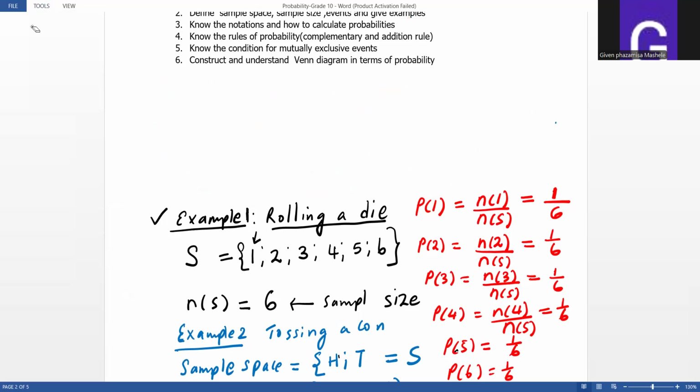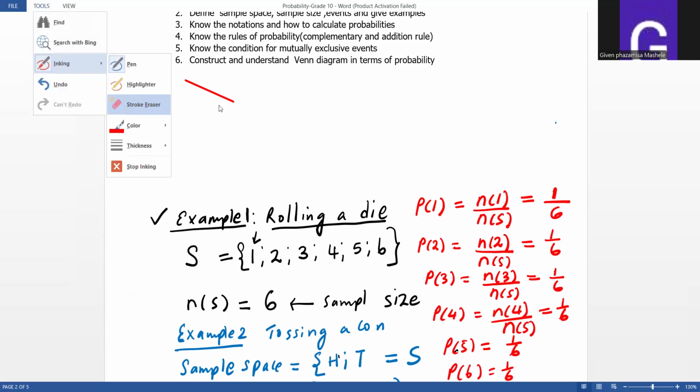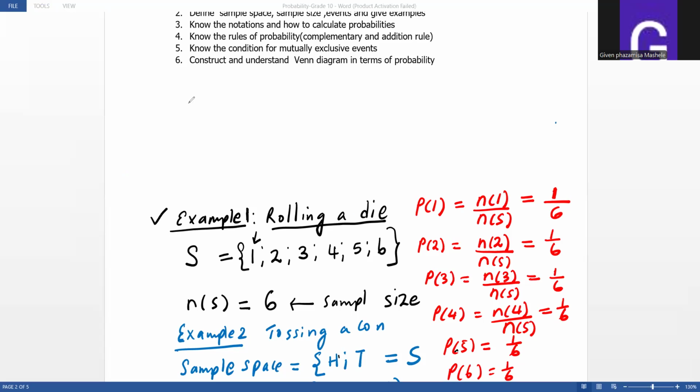We want the probability of getting an even number. So we count the number of even numbers, and we divide by the sample size.